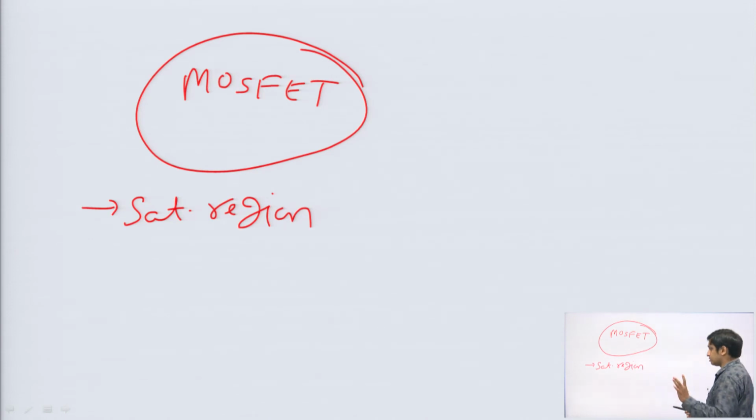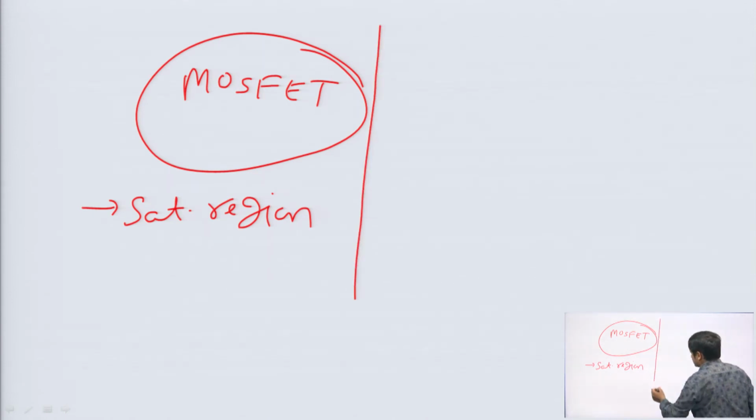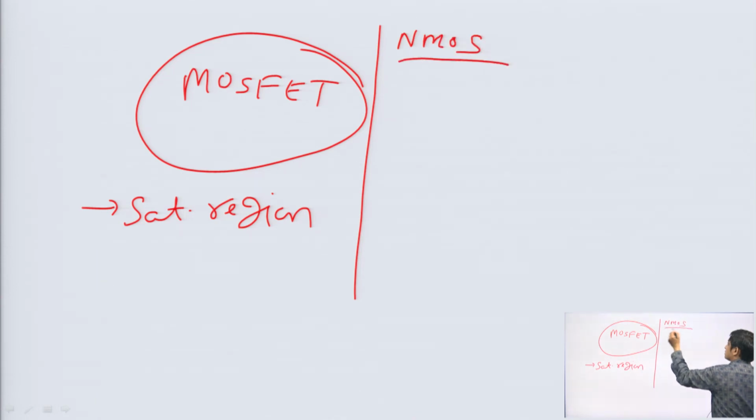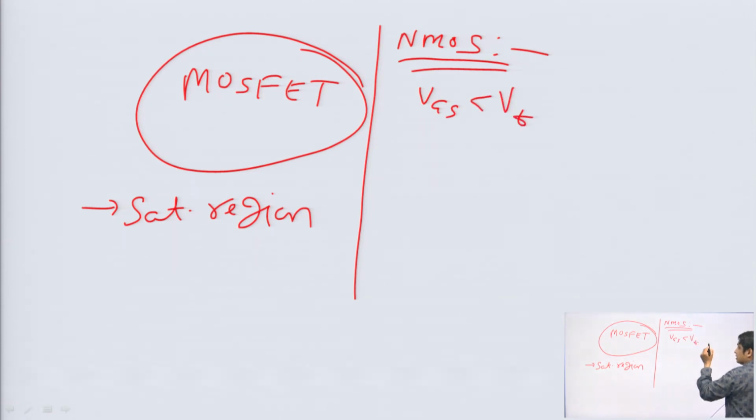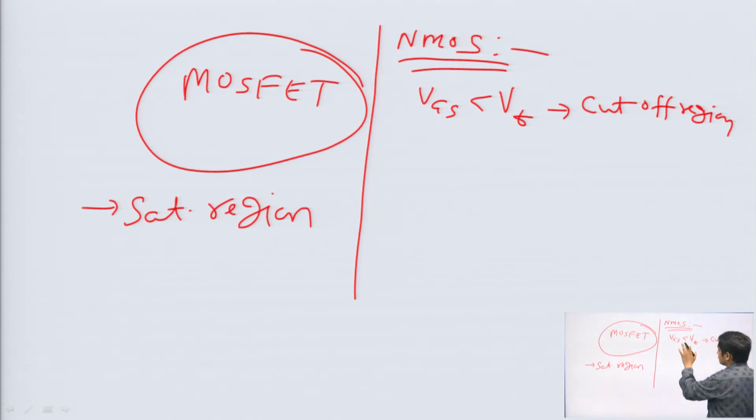How we find out it? First of all, let us understand it. For NMOS, if you understand NMOS, then opposite occurs for PMOS. If your gate to source voltage is less than your threshold voltage, then your NMOS will be in cutoff region, fine. Just observe the circuit, if your gate to source voltage is coming less than threshold, then it is in cutoff.